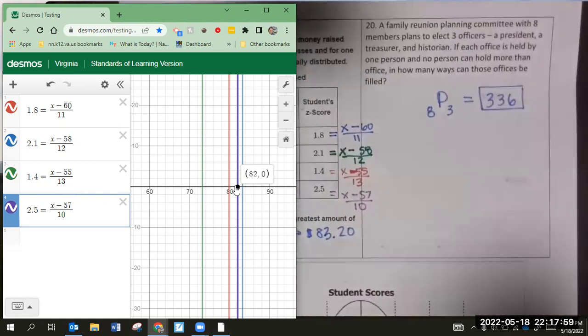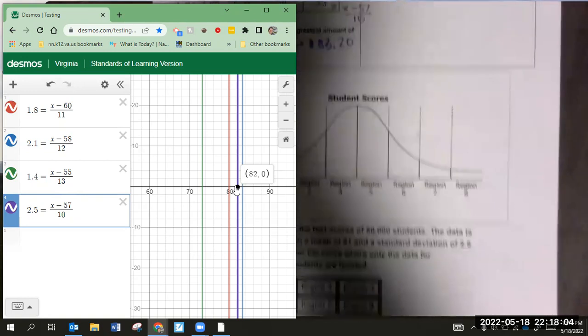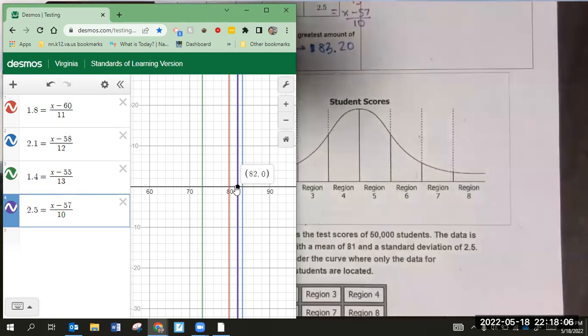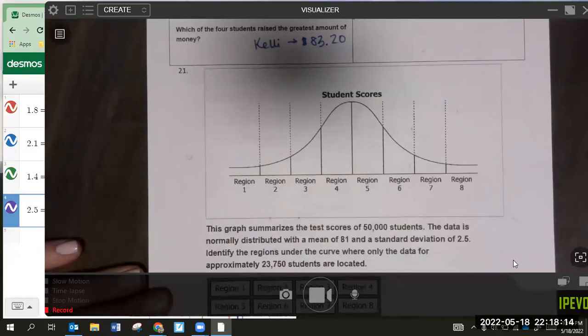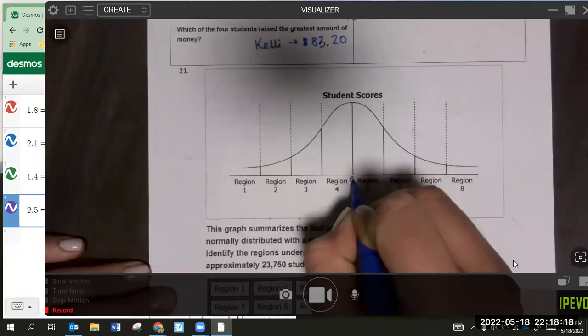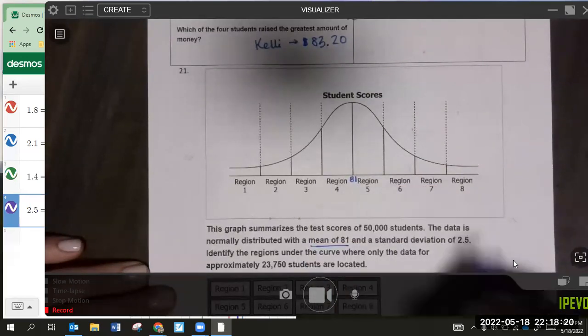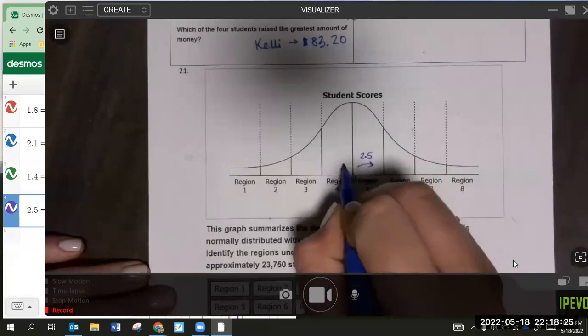Last question. If we're looking at students' scores on this graph, it summarizes over 50,000 students' data test scores. The data is normally distributed. Your mean is 81. So right here in the middle, you've got 81. Your standard deviation is 2.5.